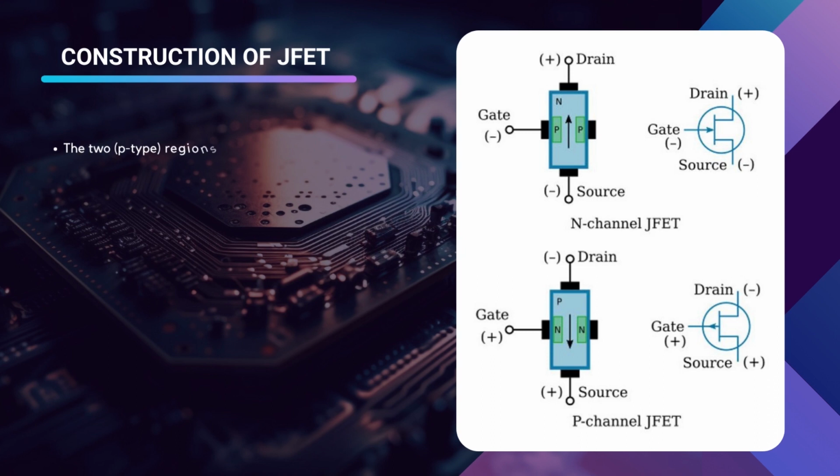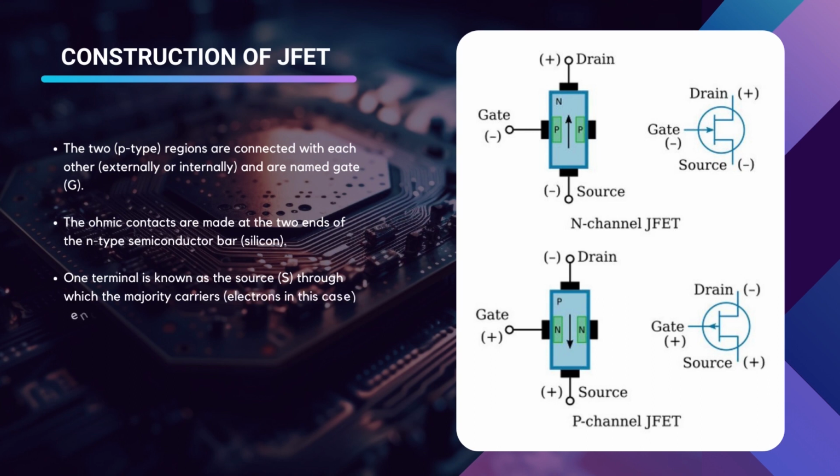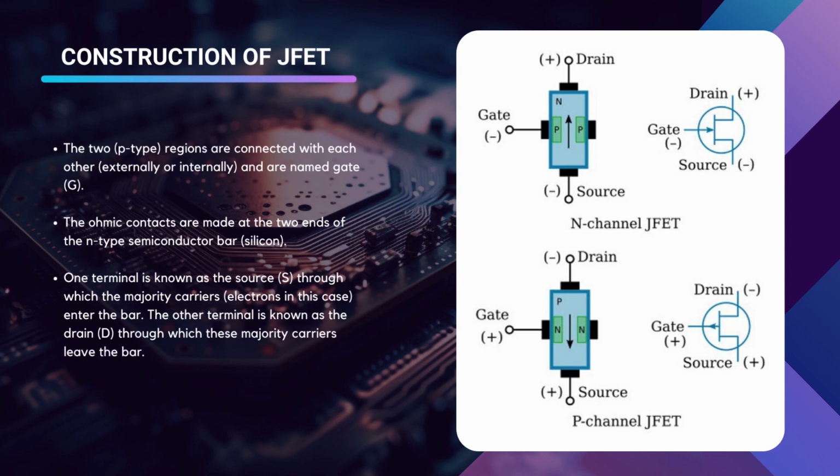The two p-type regions are connected with each other externally or internally and are named as gate. The ohmic contacts are made at the two ends of the n-type semiconductor bar. One terminal is known as source, through which the majority carriers enter the bar, and the other terminal is known as drain, through which the majority carriers leave the bar.